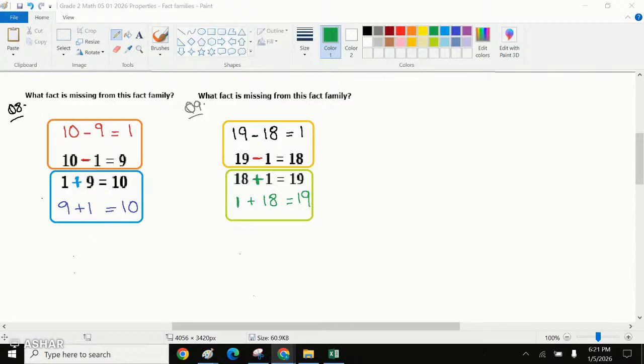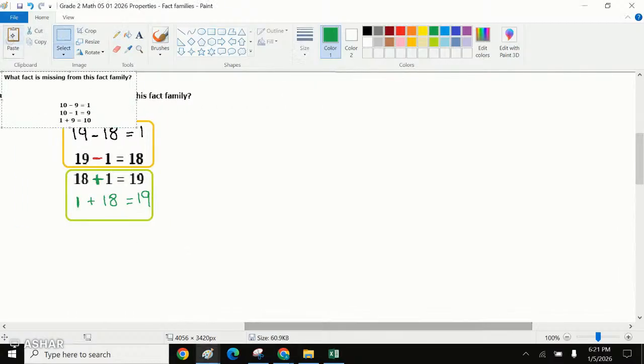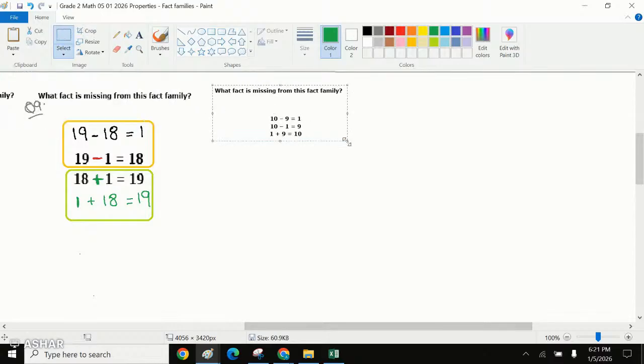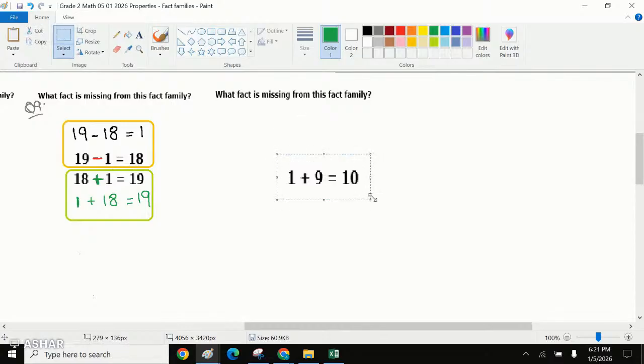For question number 10, if this is only given to us, I'm making the question a little difficult. What facts are missing, right? I'll make it a plural over here. So one statement is given to us. We know there are 4 statements in total, right?